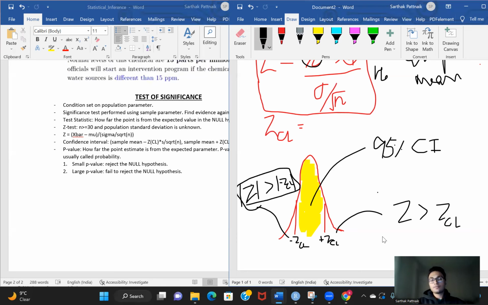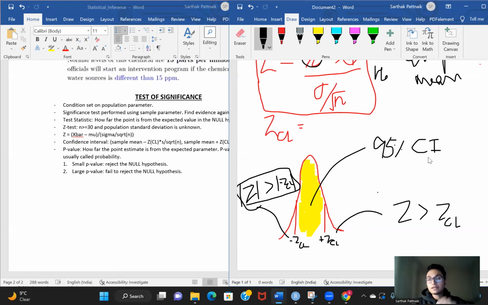Okay, so based on whether I'm taking my value on the right or the left, depending on that, we'll be formulating our condition for our hypothesis test.